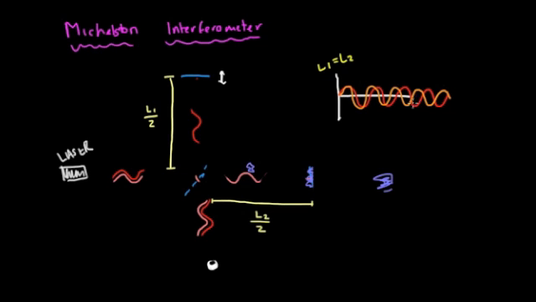And really there's not interference here. I mean, we can't discern exactly what's going on. So this allows us to see interference only when L1 is approximately equal to L2. And there's a name for this distance. This is just a crudely drawn interference pattern, but this is called the coherence length.